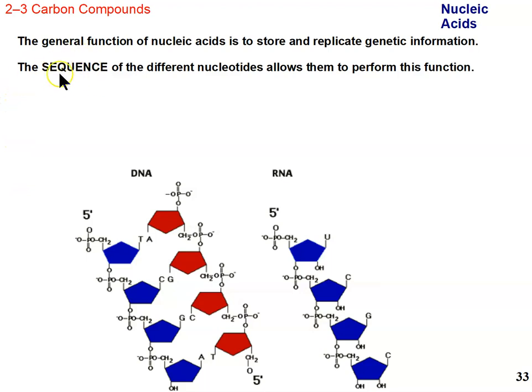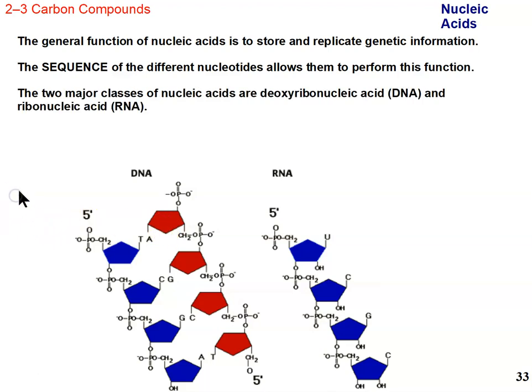It's the sequence, and obviously that's an important concept. It's the sequence of the different nucleotides that allows them to perform this function. In other words, it's the order of the different nucleotides that make up a polynucleotide that stores the information. It's just like letters in a word. Different letters in a word spell out that word. Different nucleotides in a polynucleotide spell out information.